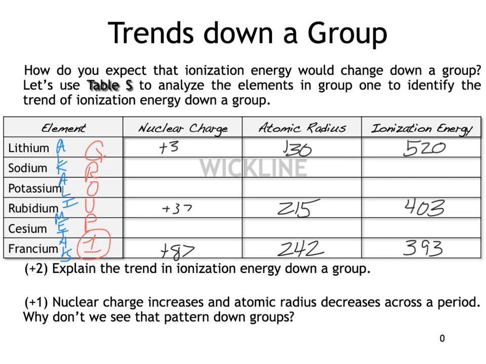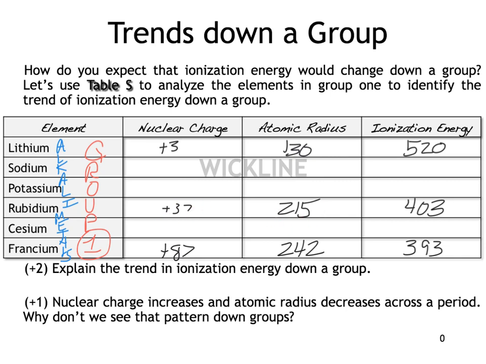Now as I go down group 1 and I get to rubidium, whose nuclear charge is plus 37, significantly larger, you can see that the radius is larger as well. Normally, if we're looking at elements within a period who have the same number of orbitals, a larger nuclear charge results in a smaller radius. But in this case, the larger nuclear charge has resulted in a larger radius.